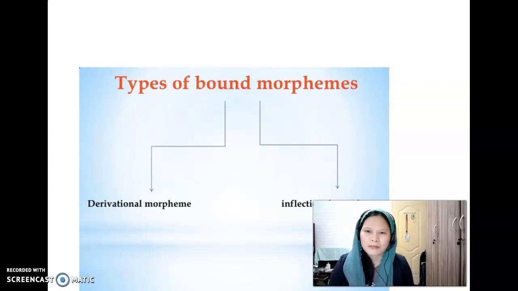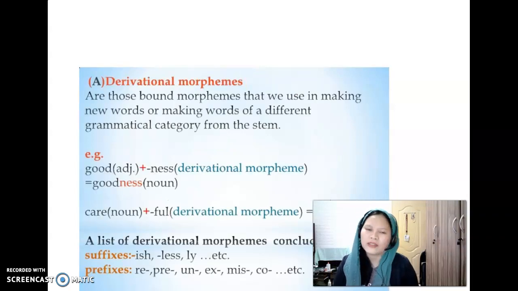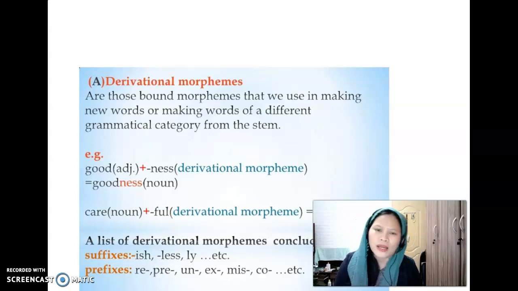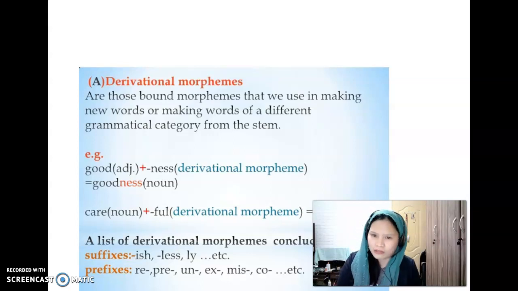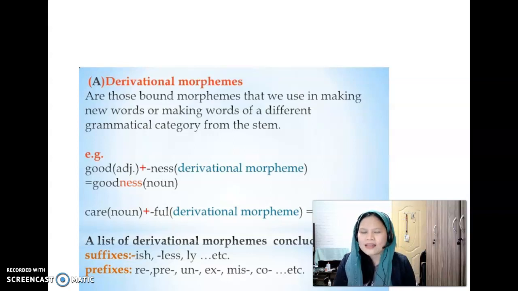And to discuss bound morphemes, we have two types: the derivational morpheme and the inflectional morpheme. When you say derivational morpheme, these are bound morphemes that can be used in making new words, or words of a different grammatical category from the stem. For example, we have the word good. It's an adjective, right? But when you add ness, it becomes goodness, and it becomes a noun.